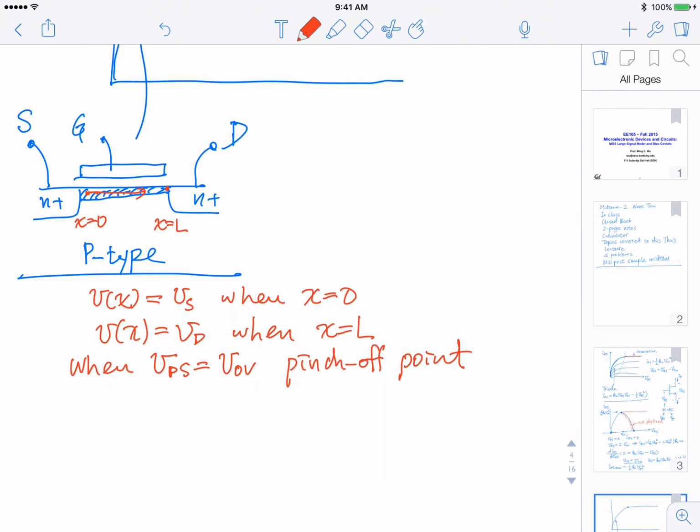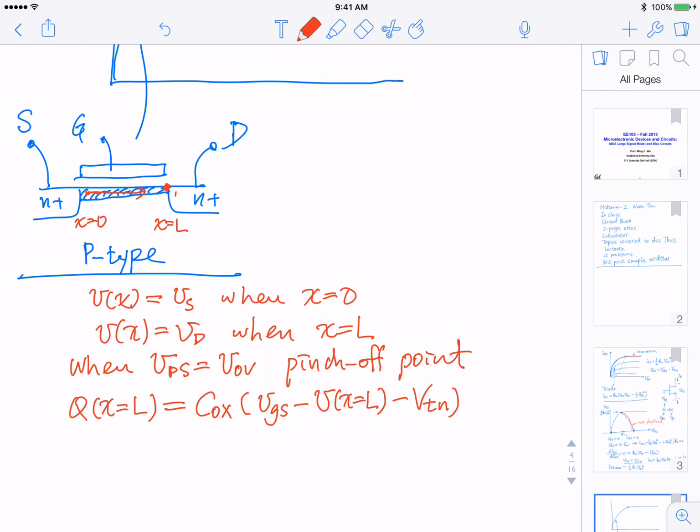At this pinch-off point, the charge here, Q at x equal to L, is equal to the capacitance per unit area times VGS minus the local channel potential here. So this should be really V channel potential at x equal to L, minus VTN.